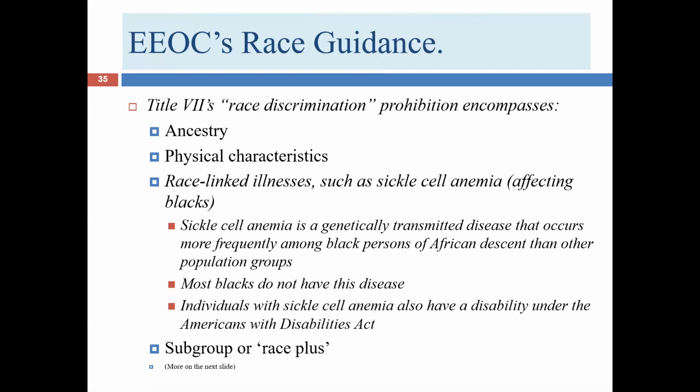So if I'm an attorney representing an African American with sickle cell anemia who's been dismissed from his job, I absolutely would pursue a race discrimination claim as well as an Americans with Disabilities Act claim. And again, this would fall into that kind of race plus idea.